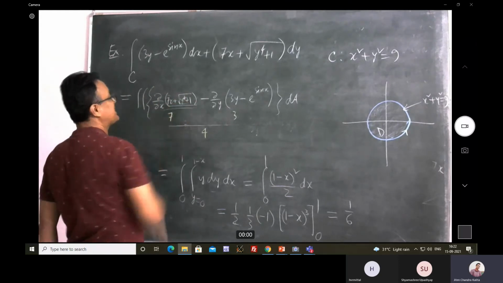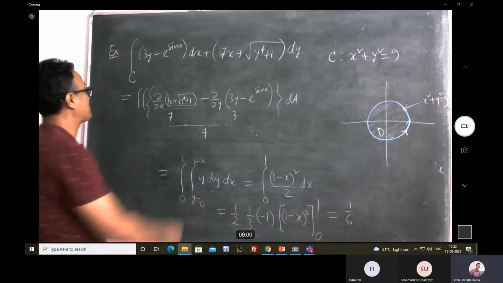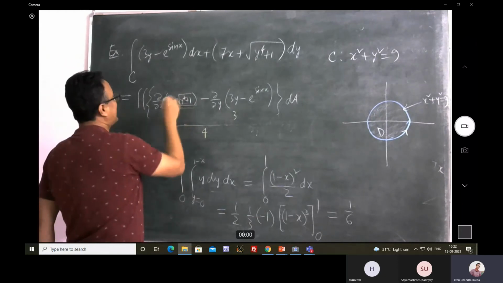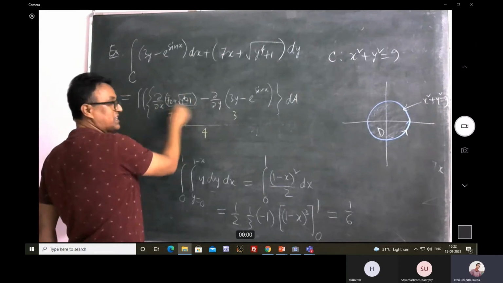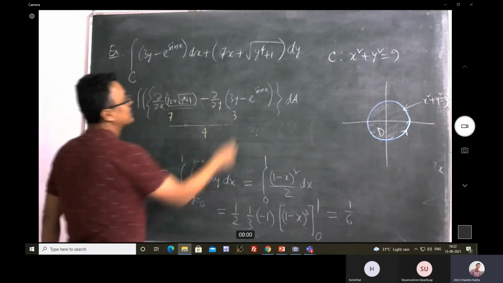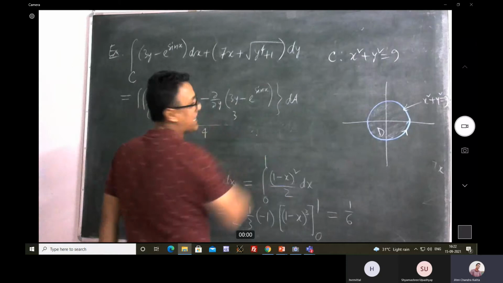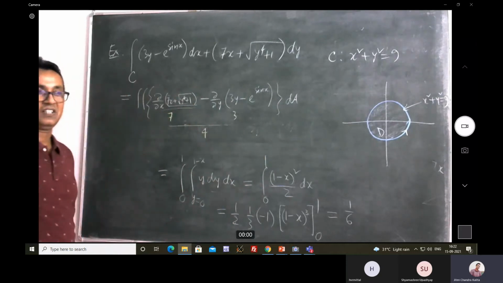But if you look at the y part, it was pretty complicated here, isn't it? But you know that the derivative of that with respect to x partially is going to give you 0, right? Similarly, here you can see that the x part looks quite complicated.